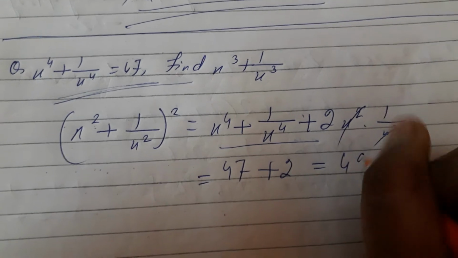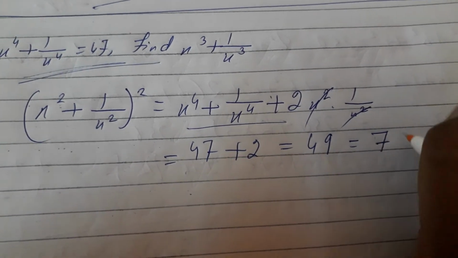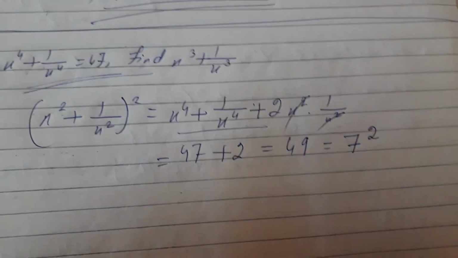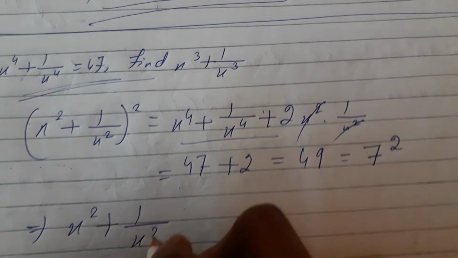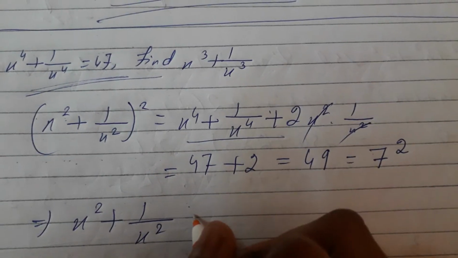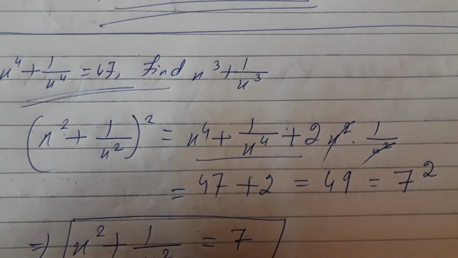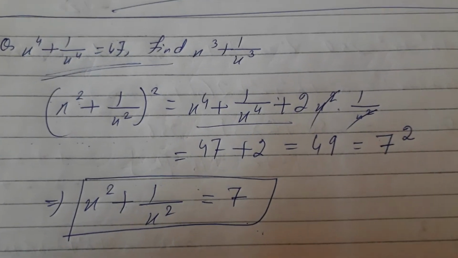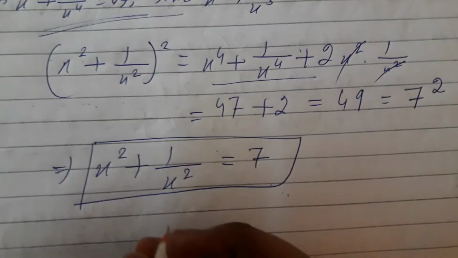This will be 49, which is 7 square. The squares cancel out, and you will get x square plus 1 divided by x square is equal to 7. First you have to derive this.